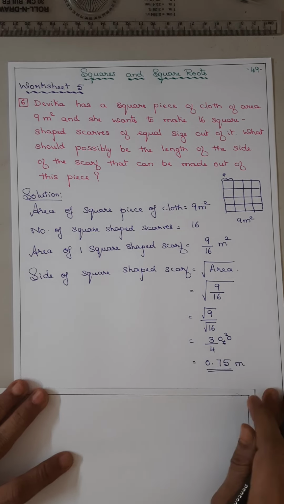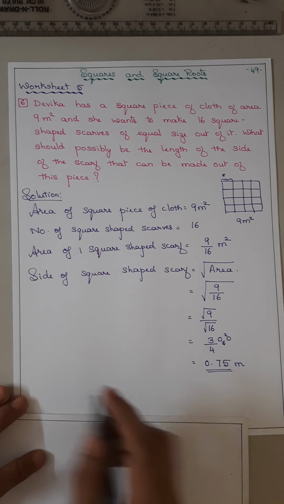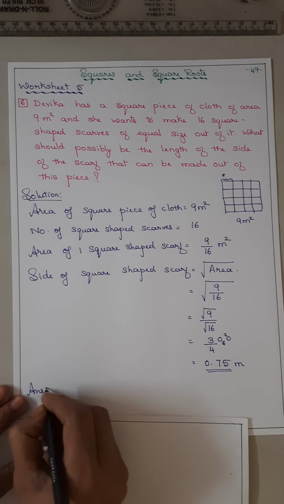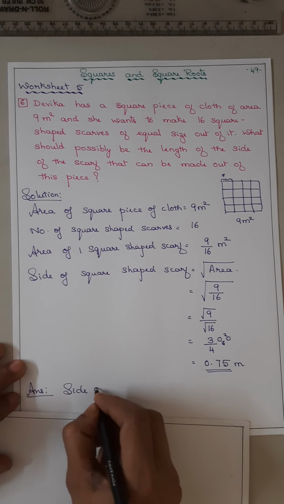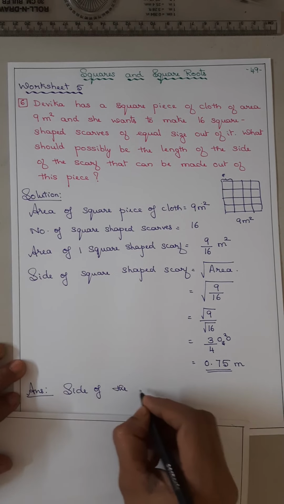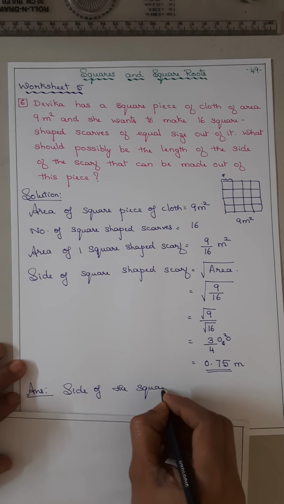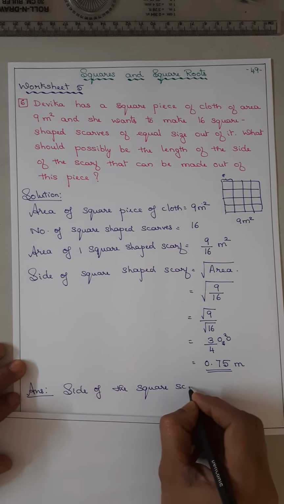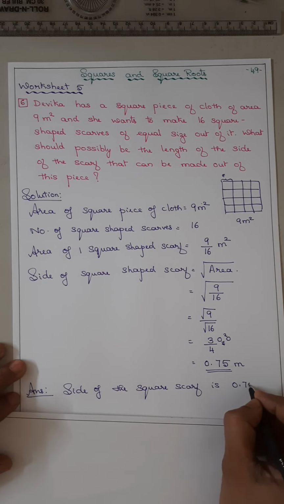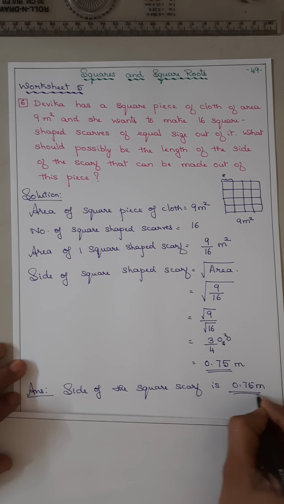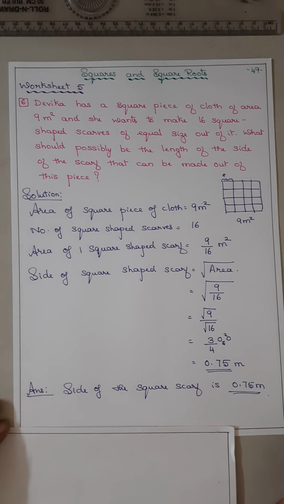Unit is meter. So answer, the side of the square scarf is 0.75 meter. Hope you understood.